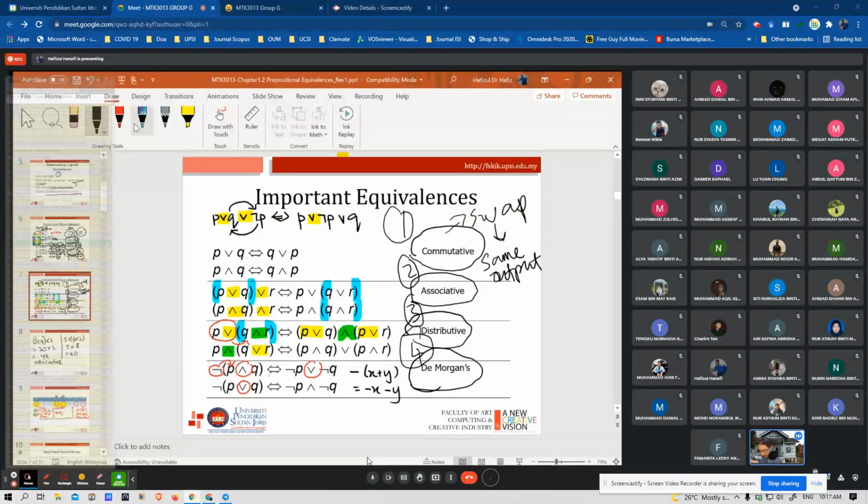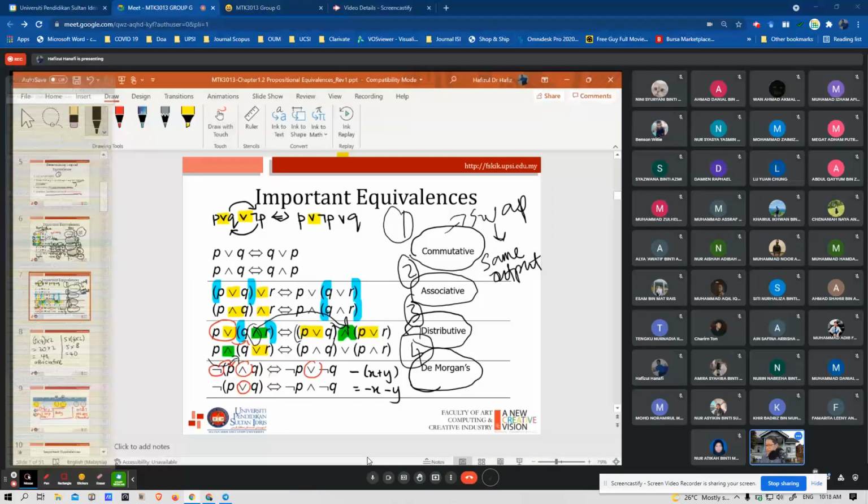P and (Q or R), we combine the P into the Q and the R, so P and Q or P and R. Okay, this one is distributive.